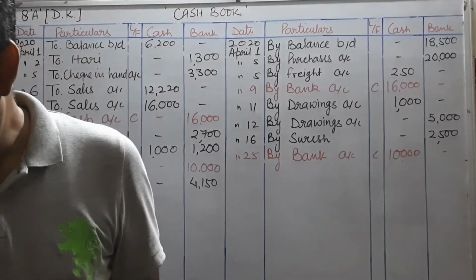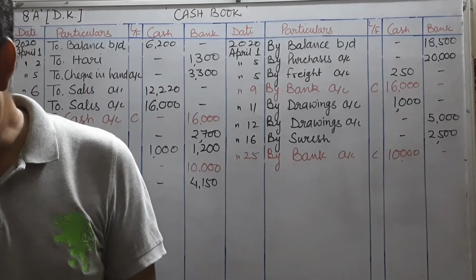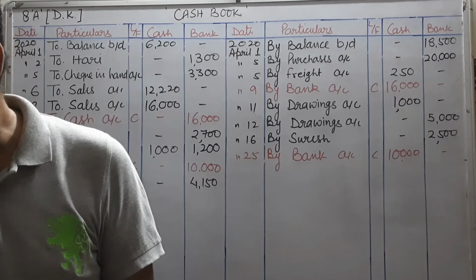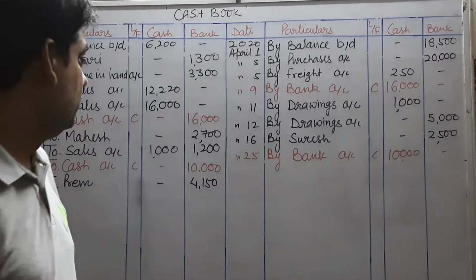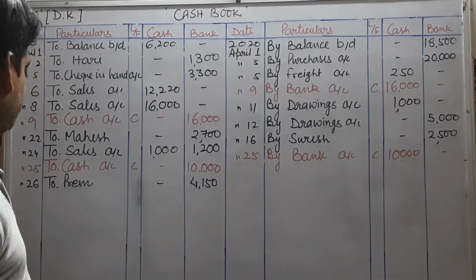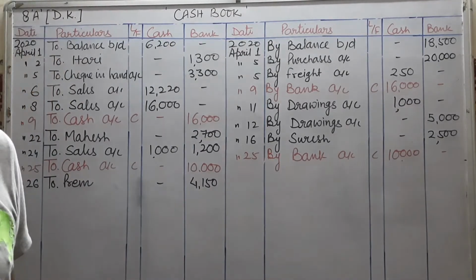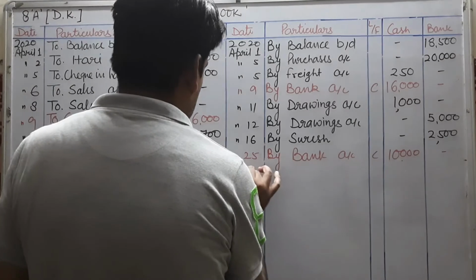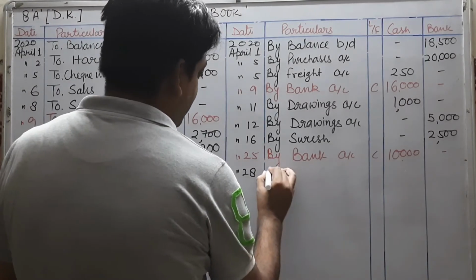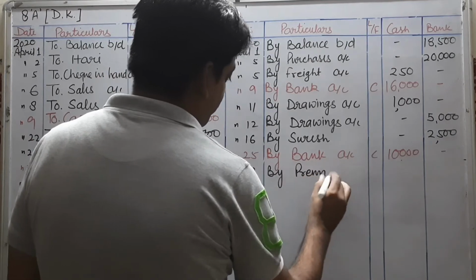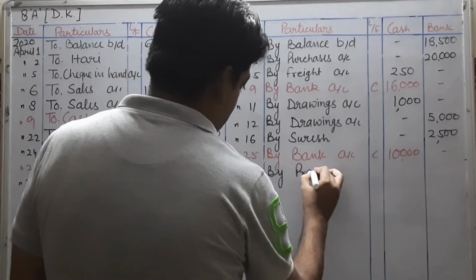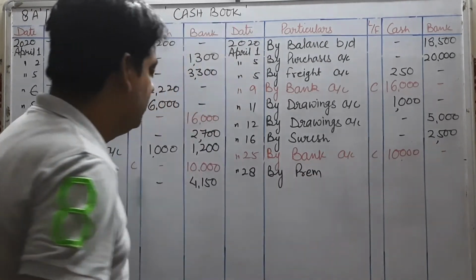Now next is April 28. Bank notifies that Prem's check has been dishonored and bank charges rupees 20 on this check. So check of Prem is dishonored. This is on April 28. So Prem debit to bank account, and by Prem treatment will come in credit side.